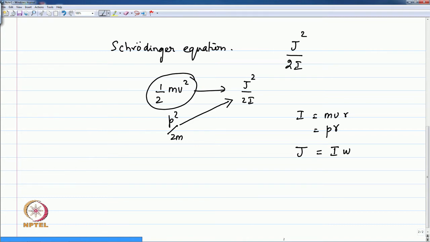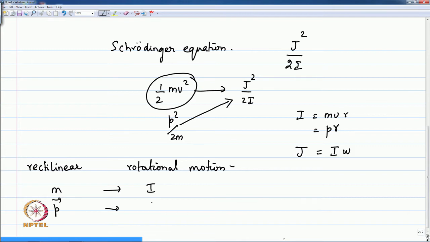Okay. Therefore, in rotational motion, compared with rectilinear Cartesian motion in one direction, the analogous quantity to the mass is I, the moment of inertia of the particle. The analogous quantity to the linear momentum is the angular momentum j.